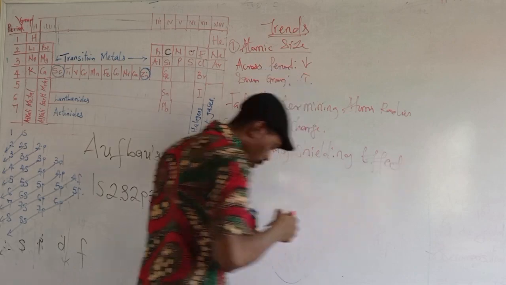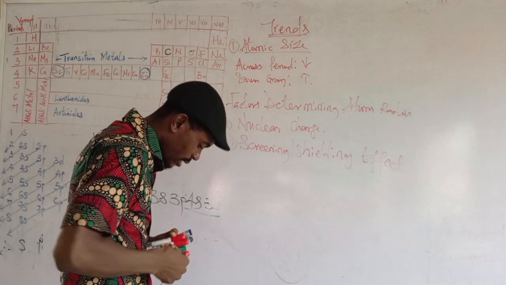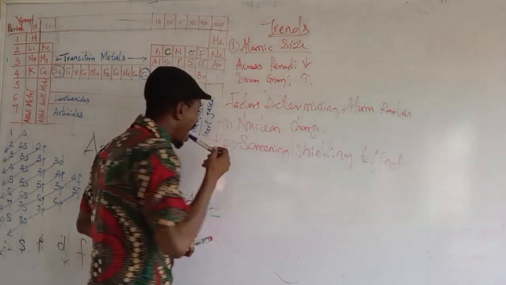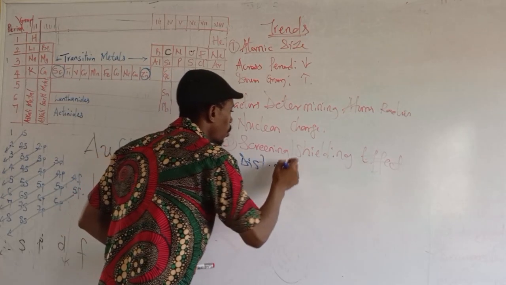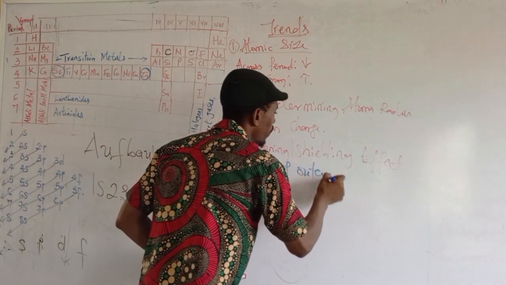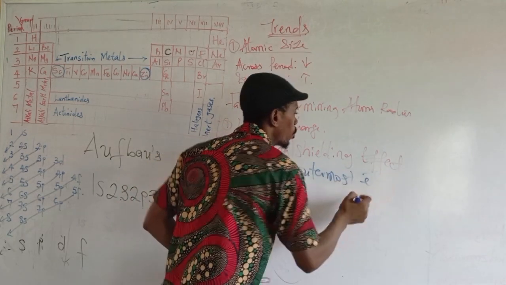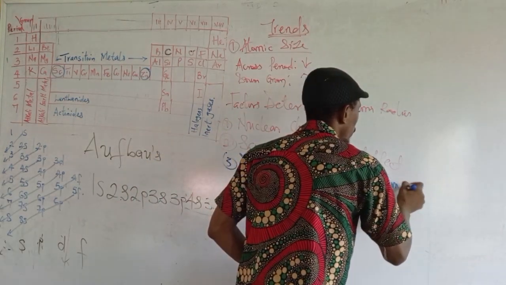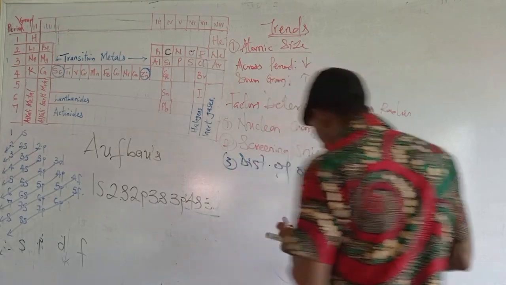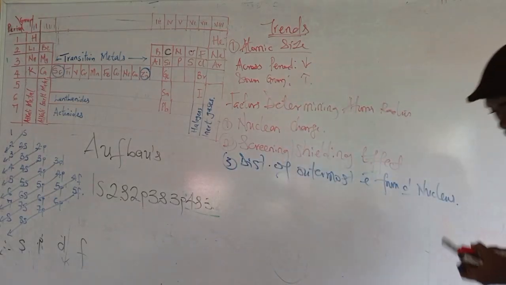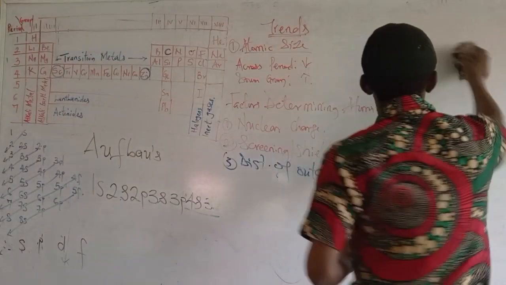Okay? Then the third being the distance of the outermost electron from the nucleus. Let's briefly bisect these three determinants now.